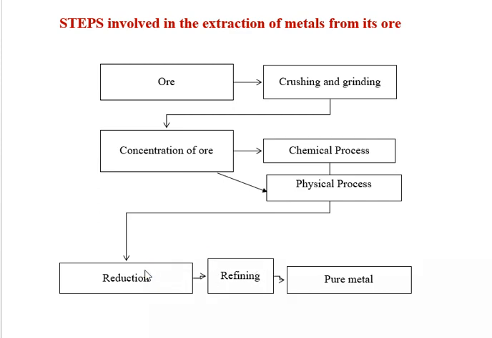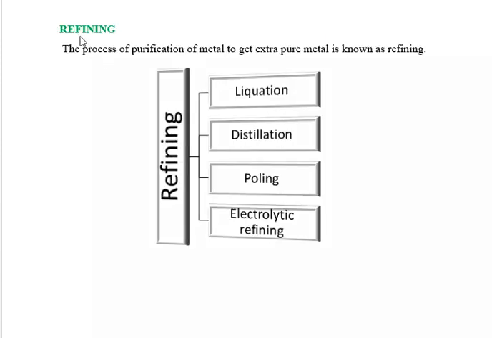The metal obtained from the reduction contains some type of impurity. To remove that impurity, refining is done to get extra pure metal. It is called refining, and from refining you get the pure metal. Refining is the process of purification of metal to get extra pure metal.